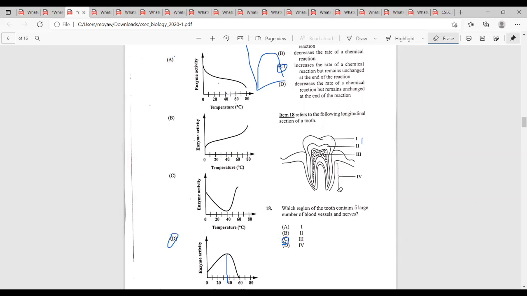And then 4 here would have been the point that is attached to the gum. So the tooth is already embedded in the gum. So the best option here would have been 3.